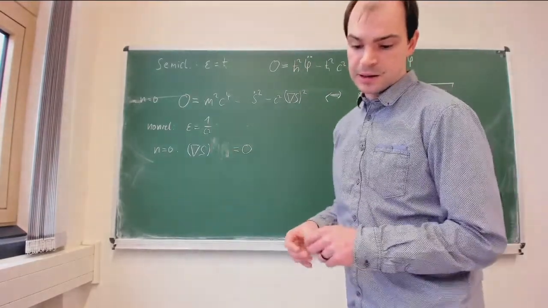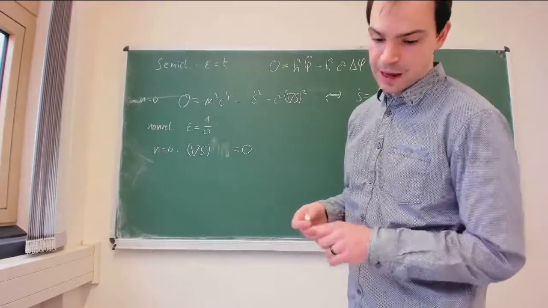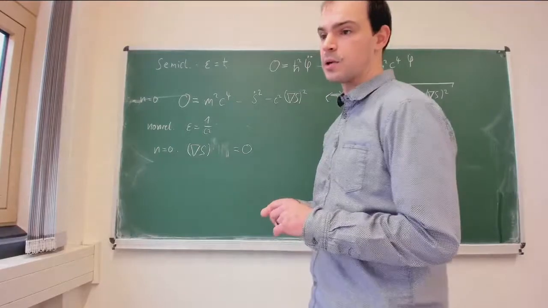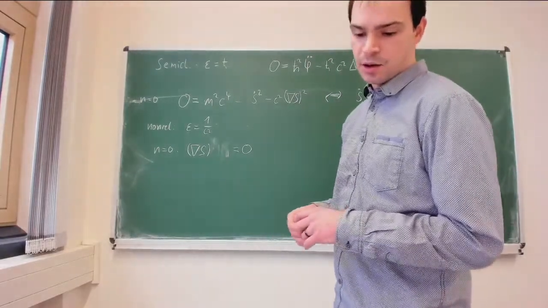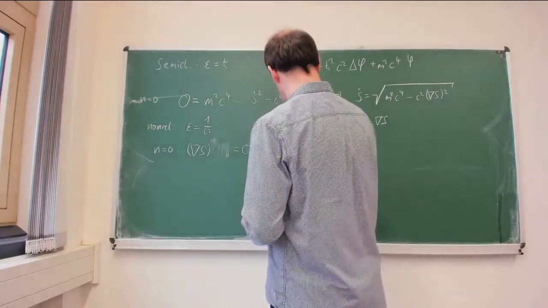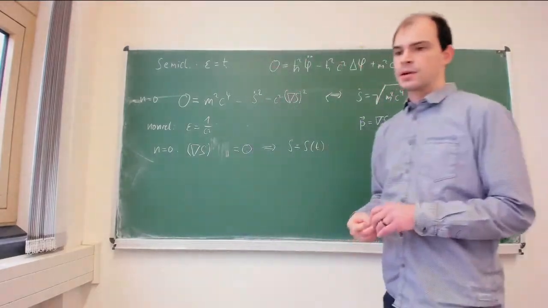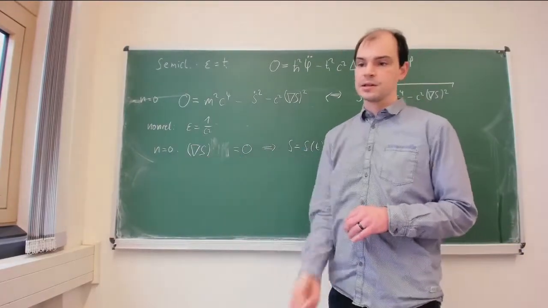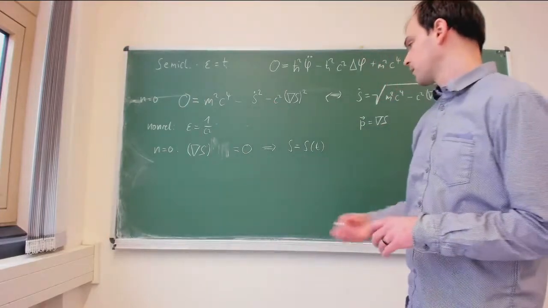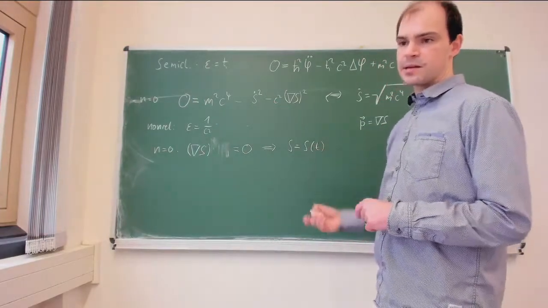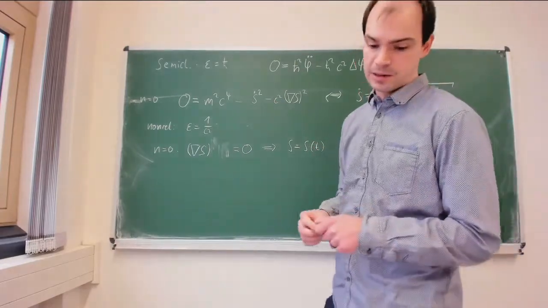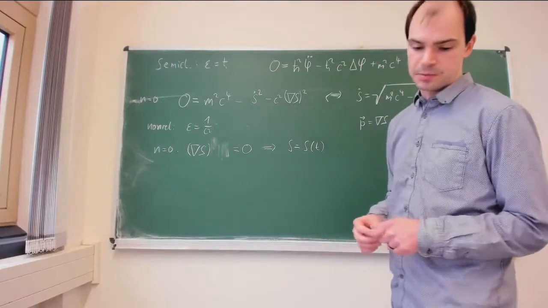So what we find is that our function s should be a function of time only, a function that does not depend on position. Now we don't have the time derivative in this equation at n equals 0 because it's a higher order term. So the lowest order tells us our phase in this non-relativistic limit is just a time-dependent phase. It does not depend on position.